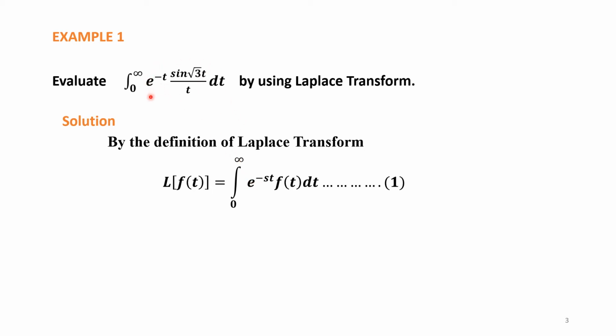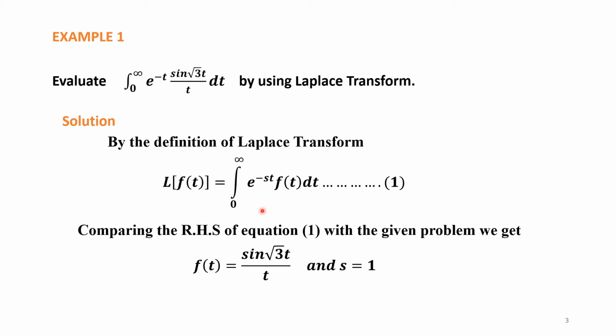So comparing the given integral with the right hand side of the Laplace transform definition, we can write f of t to be equal to sine root 3t upon t, and s value is equal to 1. So when we are given this integral, we write this integral as L of f of t.